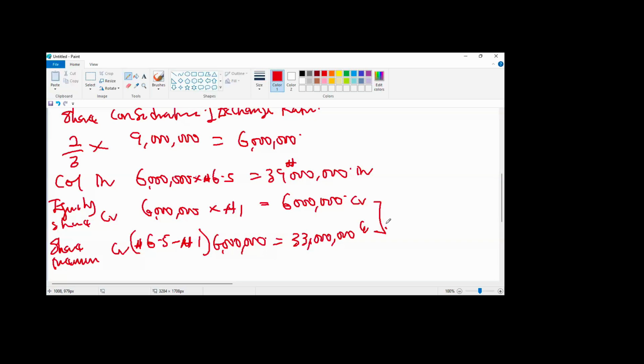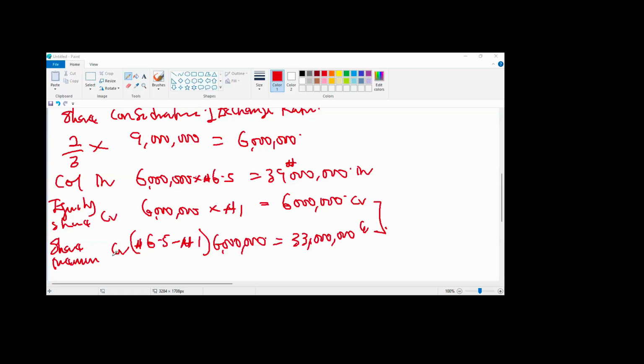But that is not all. If they give me the market price per share of the subsidiary, it's an indicator that NCI is valued at fair value. So I can do that quickly. Because how do I know it is fair value?